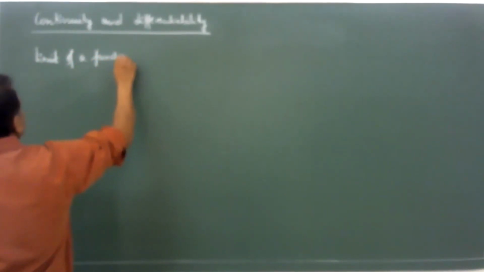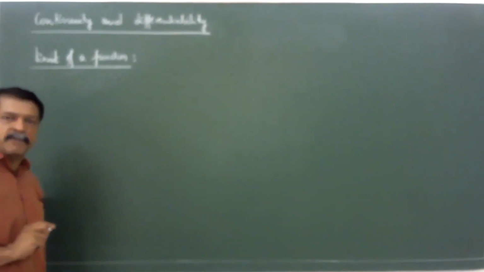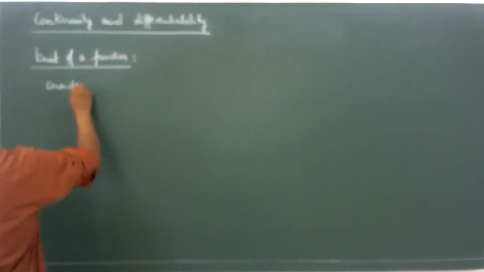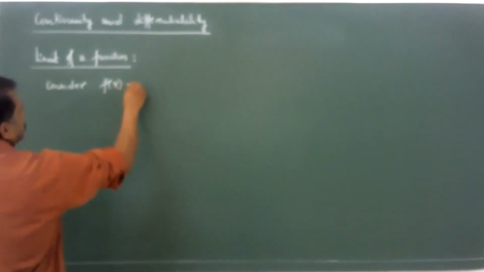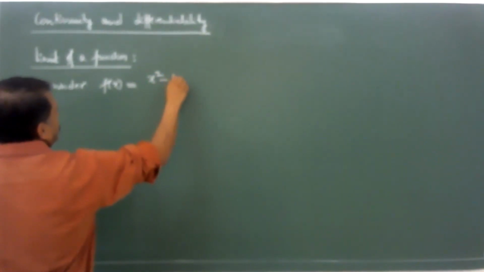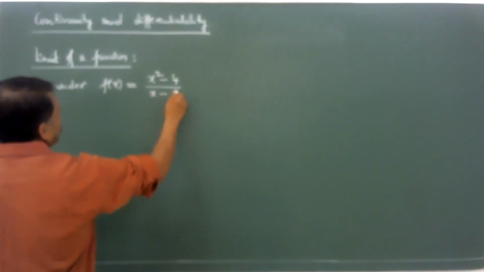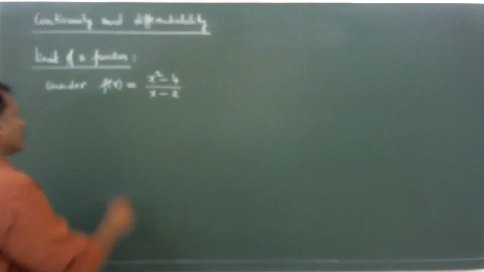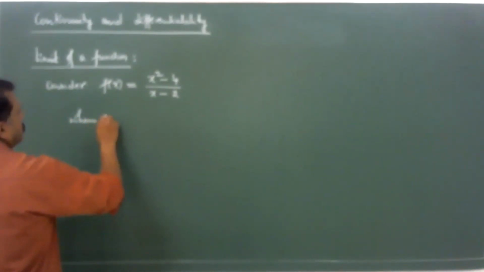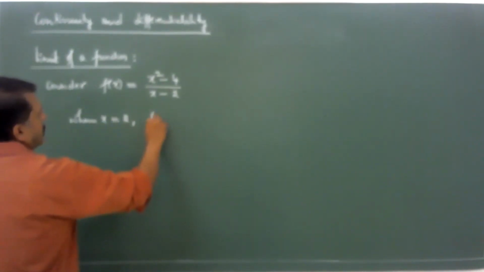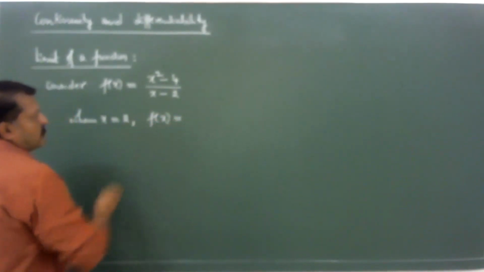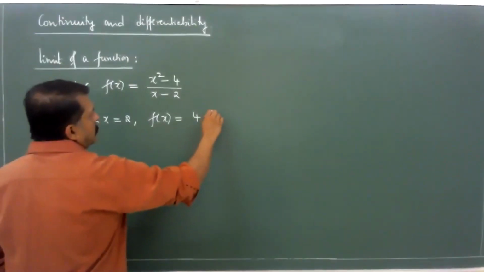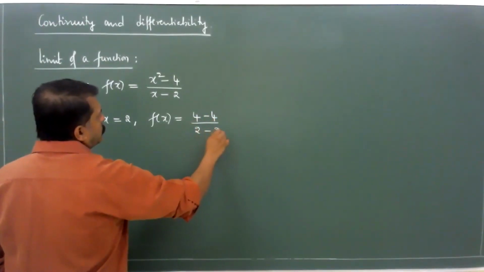Limit of a function. Let us understand limit of a function through an example. Consider a function f of x, which is x squared minus 4 divided by x minus 2. When x is equal to 2, what happens to f of x? f of x will be 2 squared is 4, minus 4, divided by 2 minus 2.